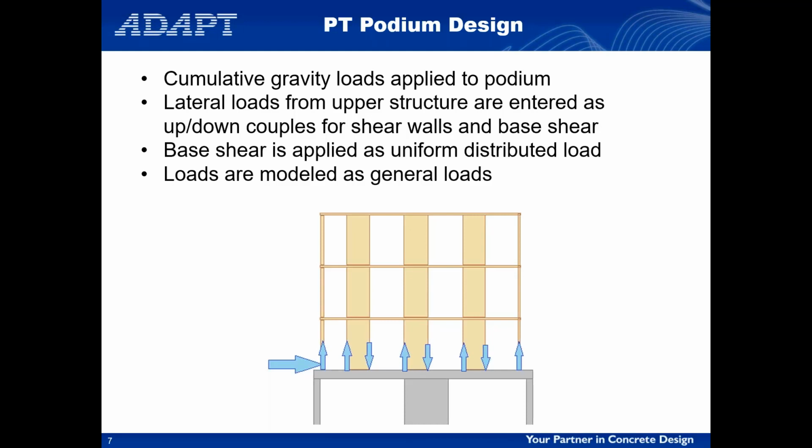We're going to apply the cumulative gravity loads to the top of the podium. The lateral loads are going to be entered as up and down couples, representing the pull up and down forces of the ends of the shear walls.